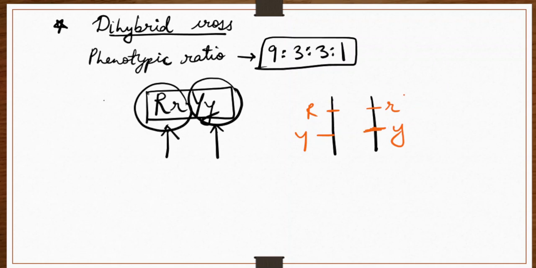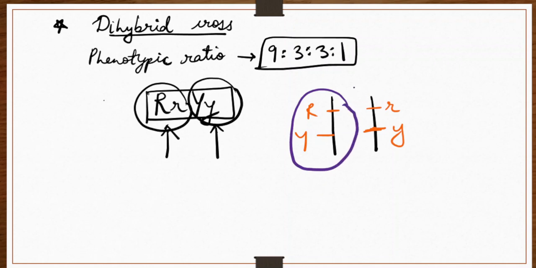So if this was the scenario, then what happened in this case was a separation of chromosomes, and chromosomes separate independently. How? See, there was one possibility of us getting this as one gamete.